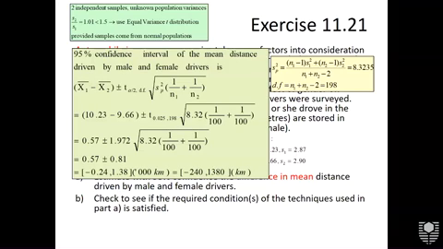Then you find the stuff. After doing some calculation, you're going to have two intervals, plus and minus. So we're going to identify the upper and lower interval: minus 240 and plus 1,380 kilometers.